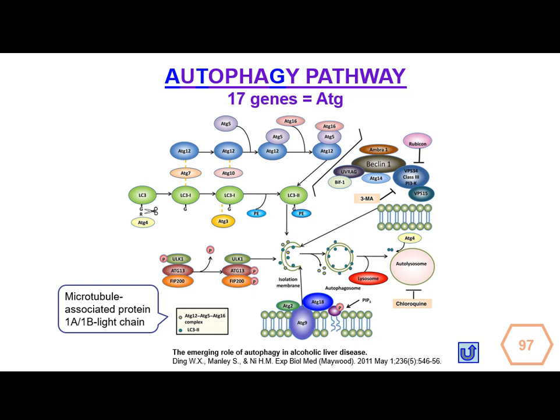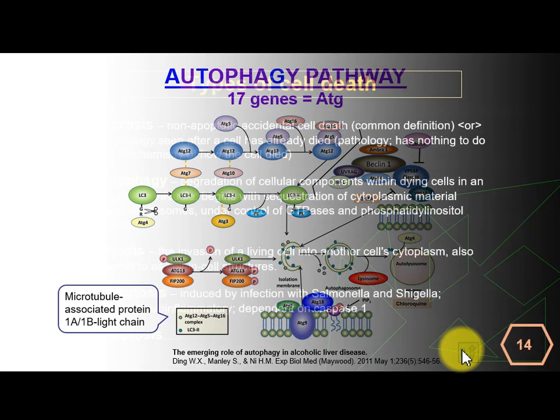That requires 17 or maybe more factors. The genes are abbreviated ATG, meaning autophagy pathway genes. It's not that important.